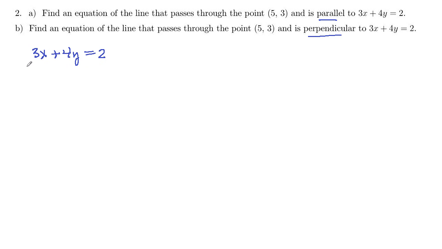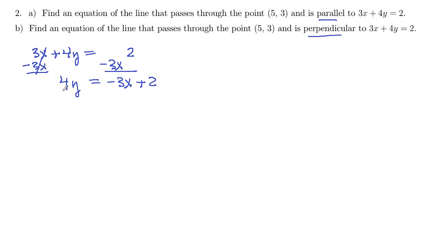So let's go ahead and subtract 3x on both sides. Let's go ahead and move this 2 over. So these guys will cancel. We've got 4y left is equal to negative 3x plus 2.